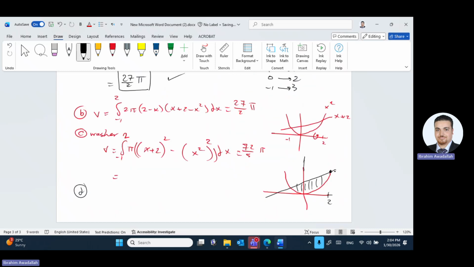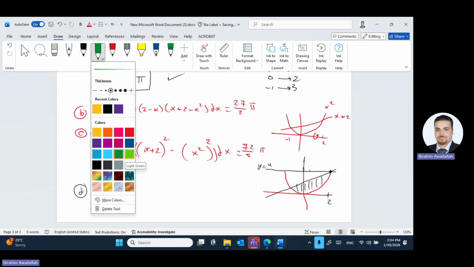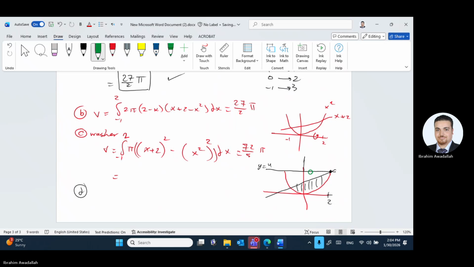So that means like this, y equal 4, and the revolving in green color maybe will be here. So this will be the upper, this will be the lower. Clear. Since they're revolving like this, it's like the washer method again.